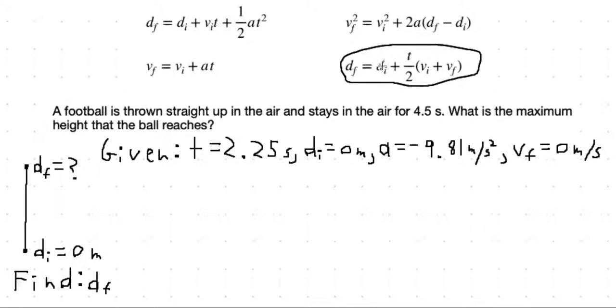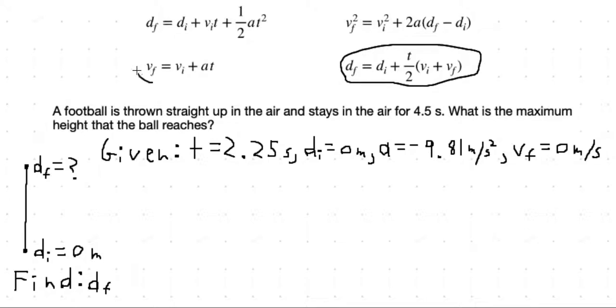We know di, we know t, we don't know vi, and we know vf. So things we don't know in this equation are vi and df. If we could find vi, then we could solve df because we know everything else in this equation.